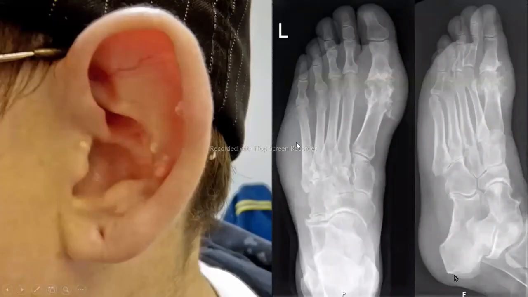So what is the diagnosis, guys, here? Gout. This one, tophi, and this one arthritis. Both of them, gout.